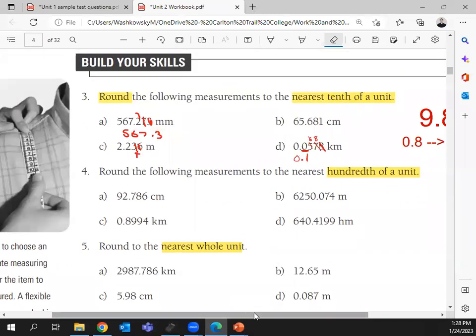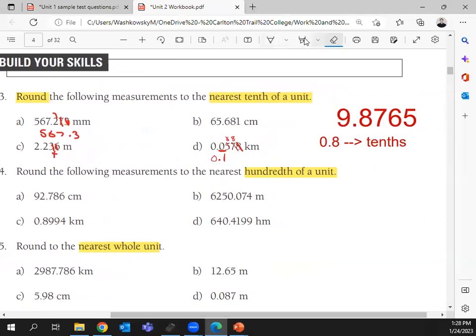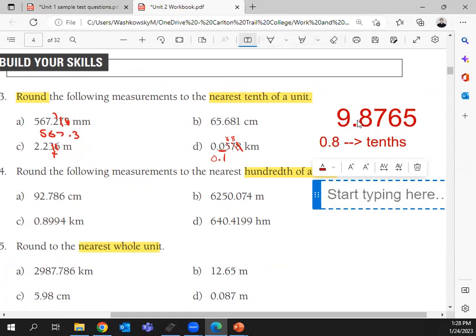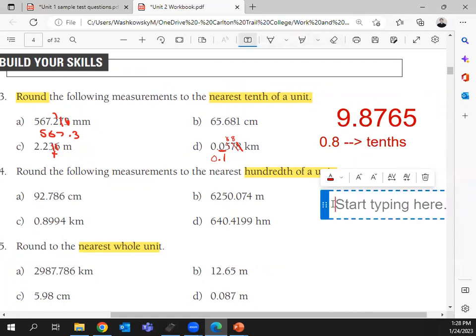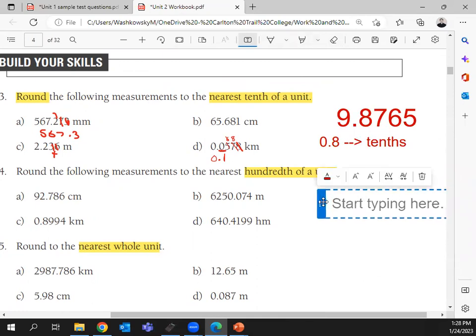So moving on, if I want to round something to the nearest hundredth of a unit, if you're looking at this big number written up here, 9.8765, that hundredth of a unit is going to be this 0.007 up here. That's your hundredth, right? It's 2 away from that decimal place.